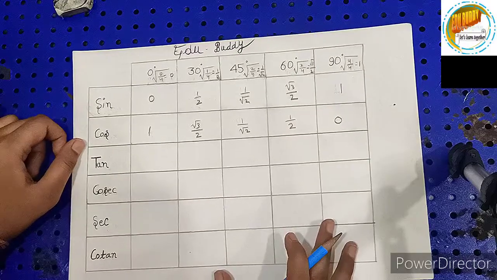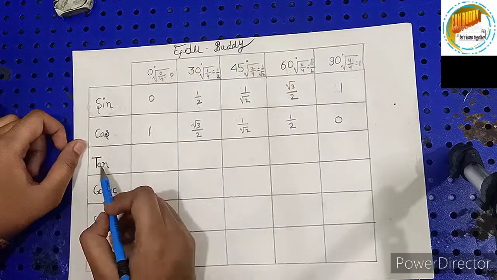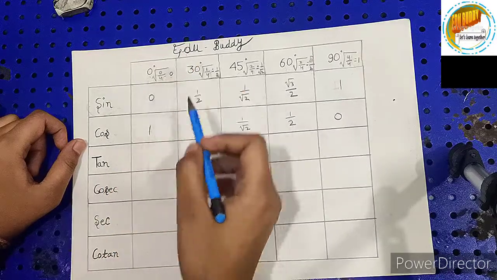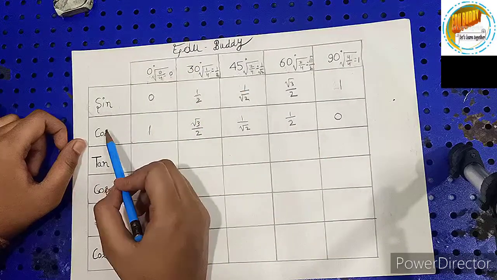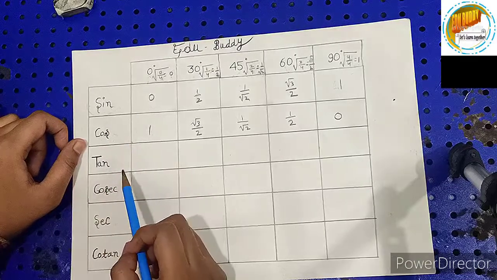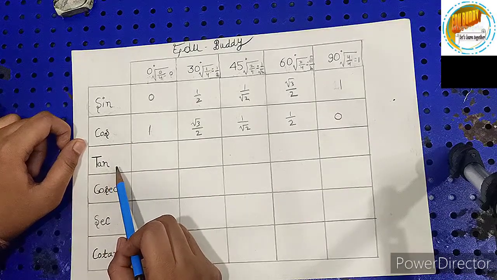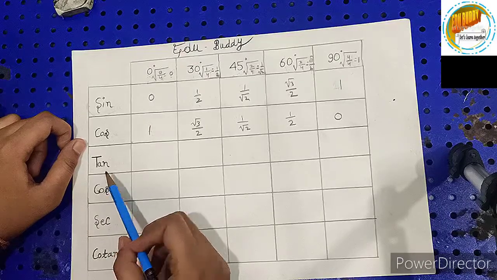The next trigonometric function is tangent. Now the value of tangent is sine by cos. We will use both the sine and cos functions to find the values of tangent.